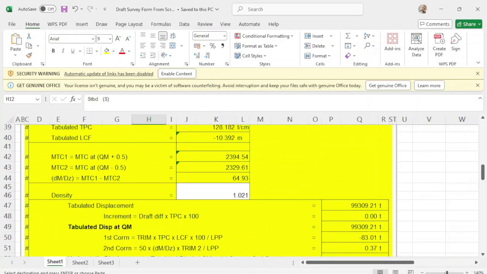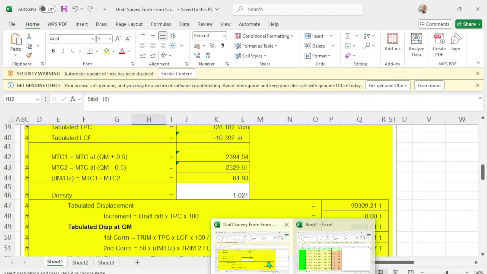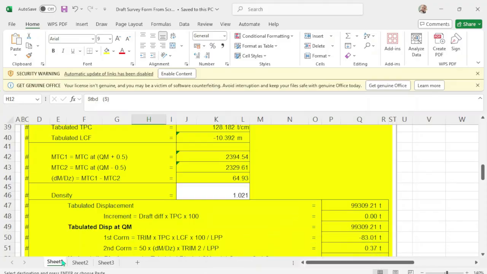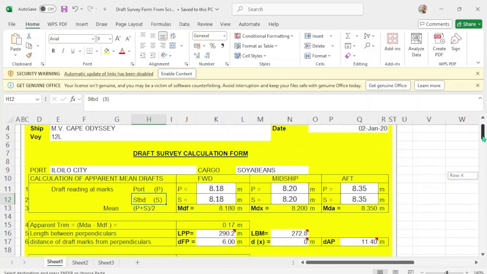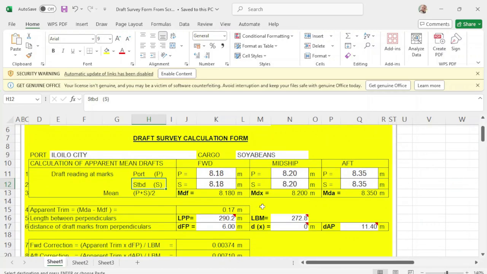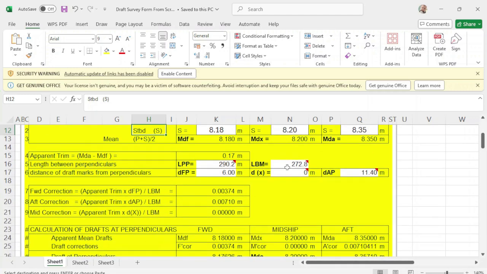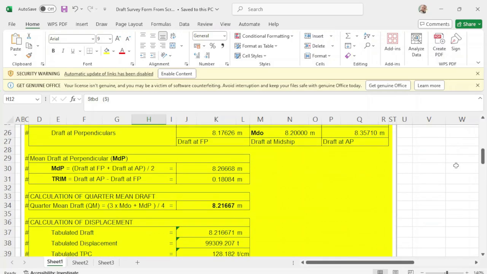So what you do, you go to your blank form. This is now your sheet. So you have already, for example, filled in your forward, mid, aft draft, your LBM, forward correction, LPP, and your aft correction. And take note, you have now your mean, quarter mean.